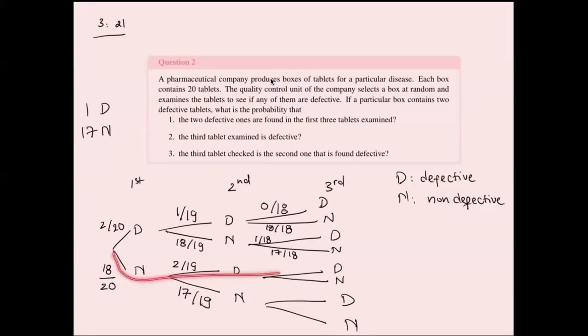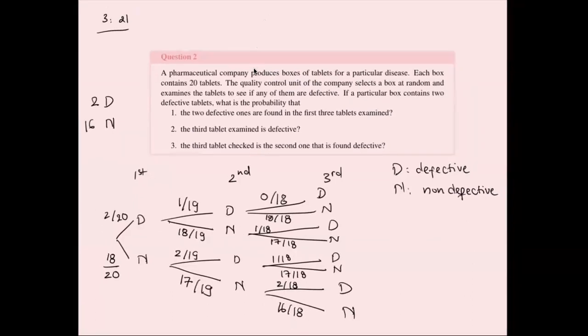I do the same thing for this branch. And then the same thing for this branch, where you have non-defective and non-defective. Any question about the tree diagram here?